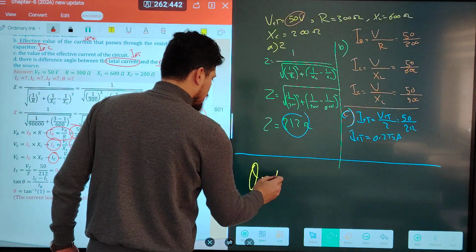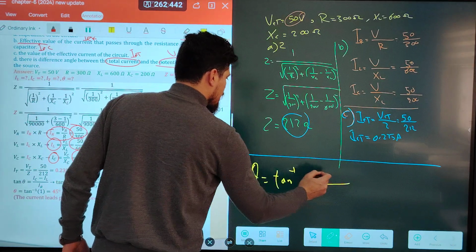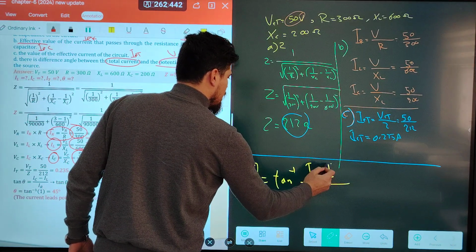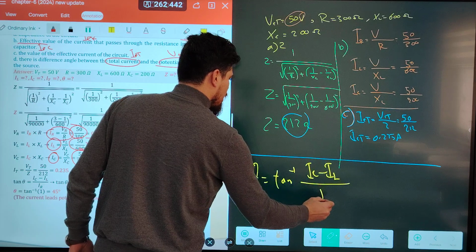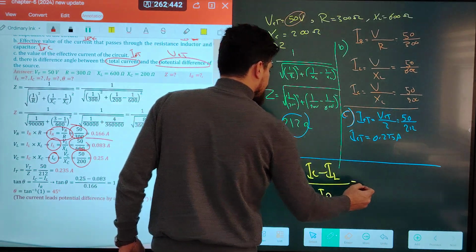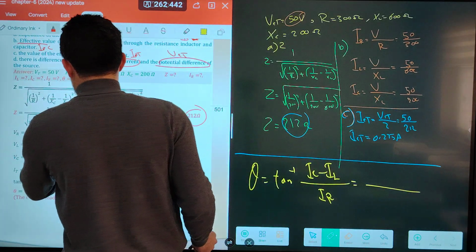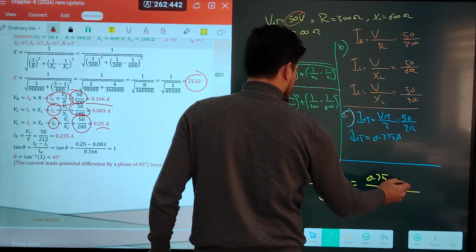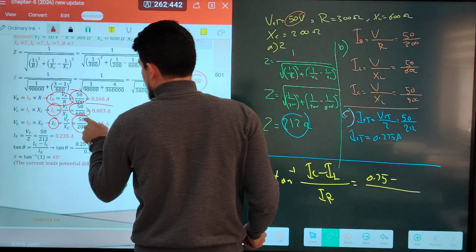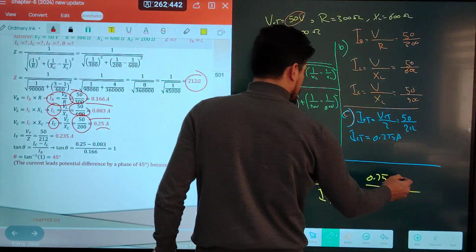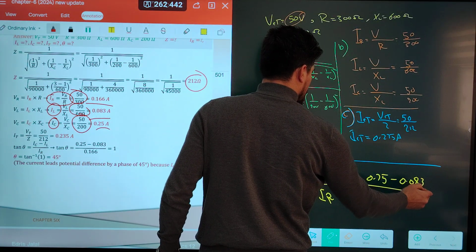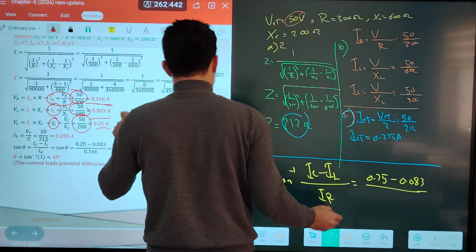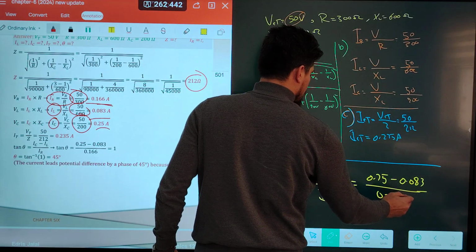Theta is equal to tan inverse of (IC minus IL) over IR. Do we have IC? We found 0.25, minus IL, 0.083, divided by IR, 0.166.